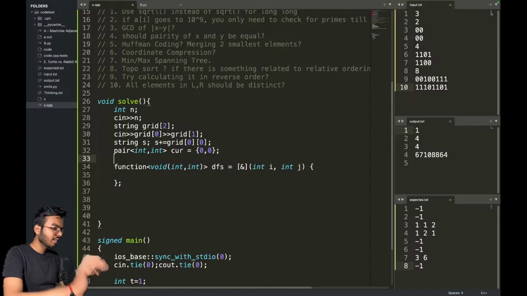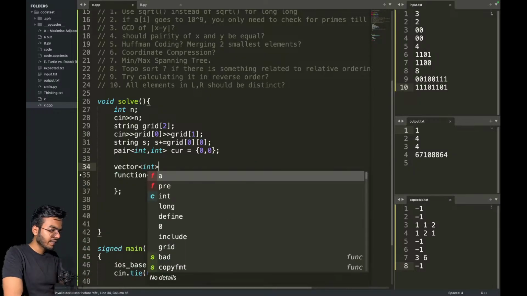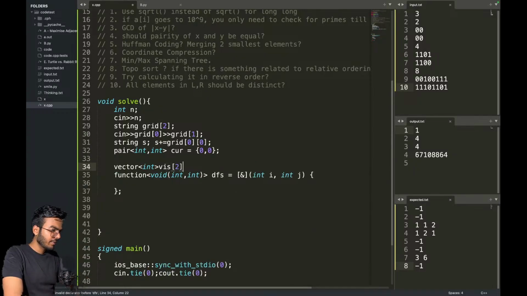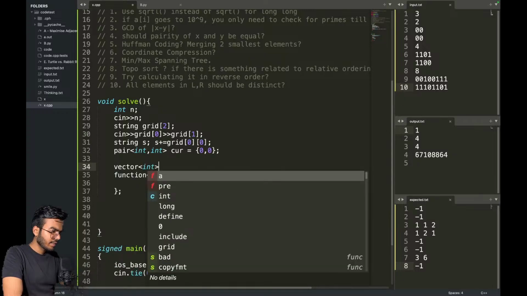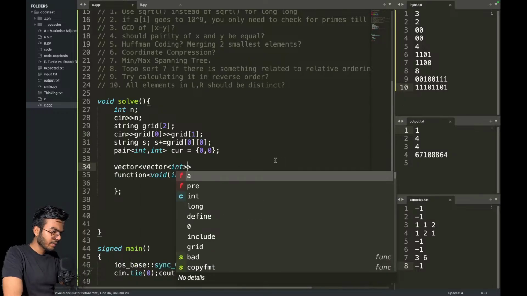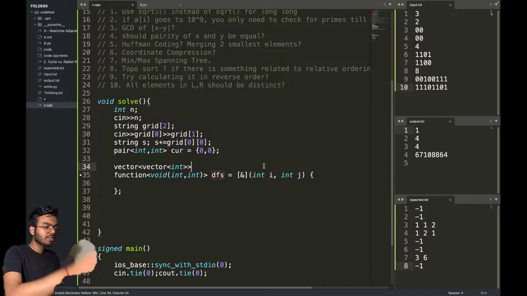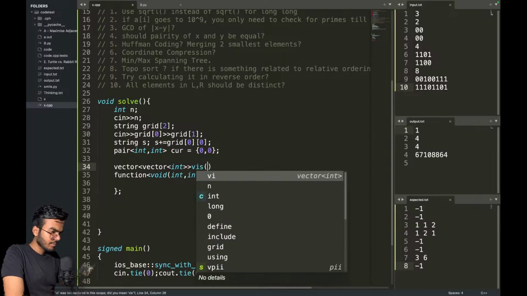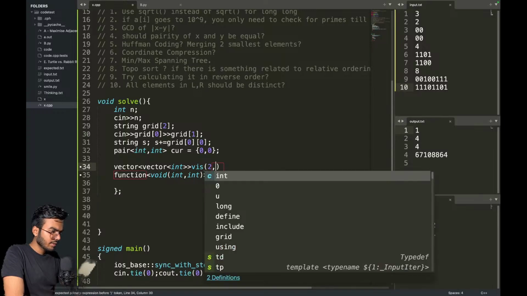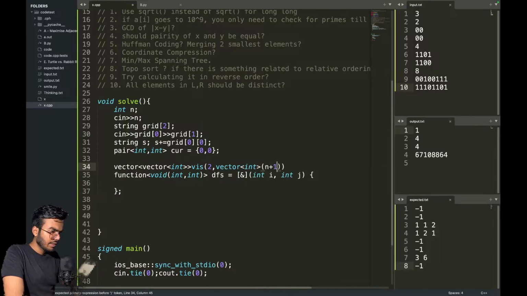So I will need to maintain a visited array, right? So vector of, let's say, vector int. I want a 2 cross n visited array, so let's call this visited array, 2 cross vector int of n plus 1.